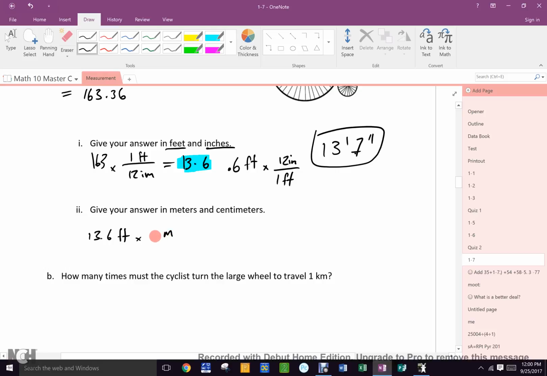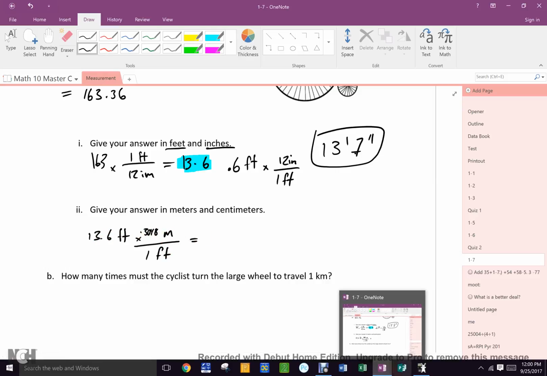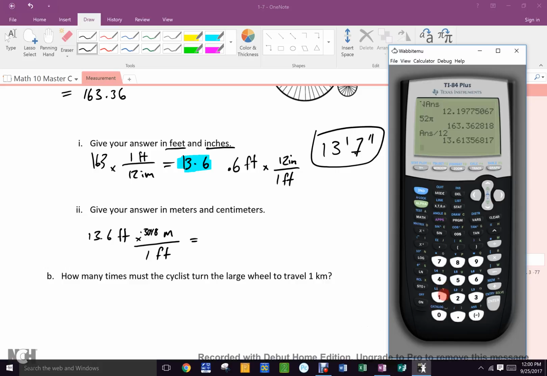So it is 0.3048 meters for 1 foot, because that's what I already have, right? So I do 13.6 times 0.3048. And why was I allowed to keep the decimal? Notice I've left it on my calculator. Times 0.3048. Why am I able to leave it as a decimal? Because in metric, I'm going to get a decimal anyway, aren't I?